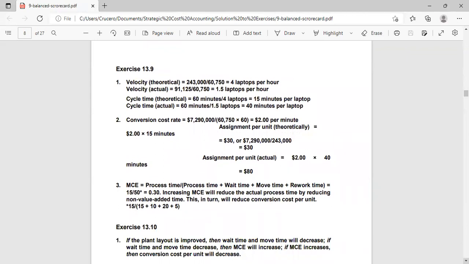Requirement number 1: compute the theoretical and actual velocities per hour and the theoretical and actual cycle time, in minutes per unit produced. So for requirement number 1, velocity theoretical is 243,000 laptops, and we divide it by 20.